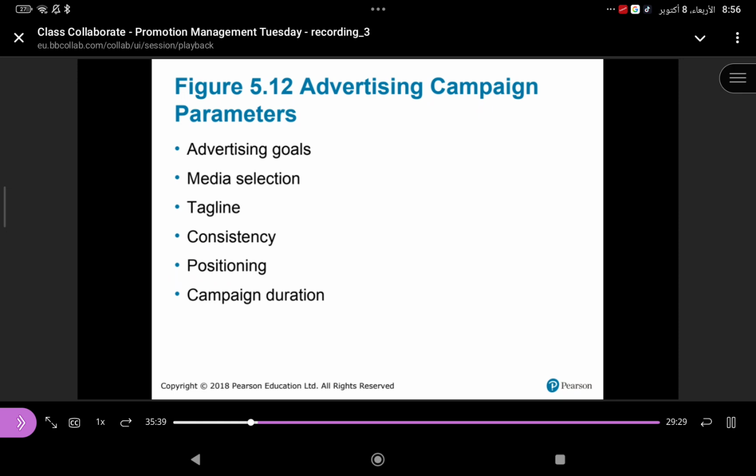The first and the most important parameter is the objective. It defines what the campaign aims to achieve. Some common objectives are increasing the brand awareness, generating sales and leads, promoting a new product or a service, improving the brand image, customer retention.